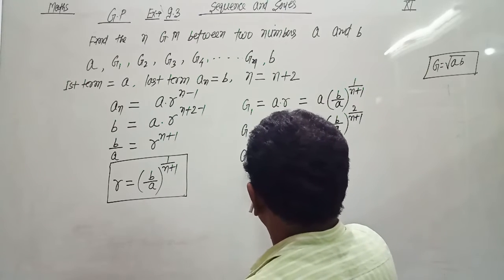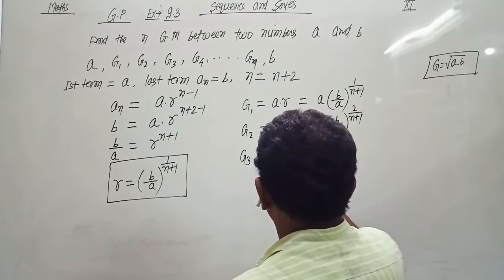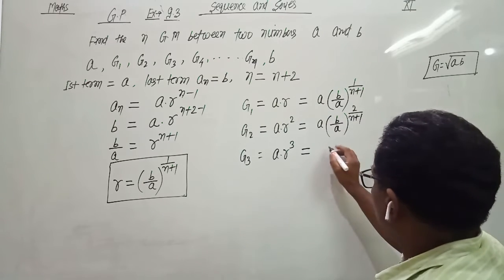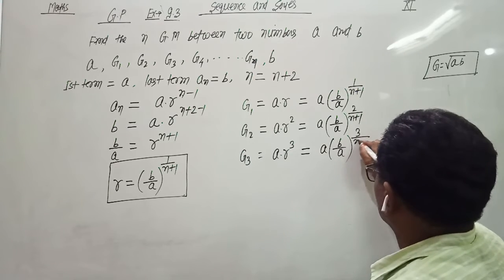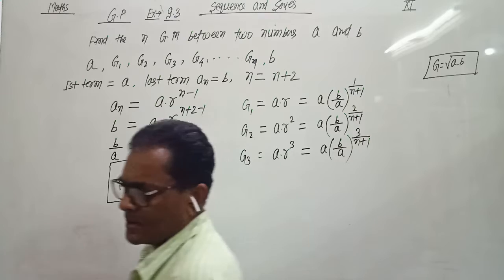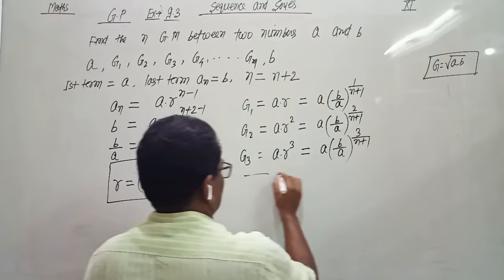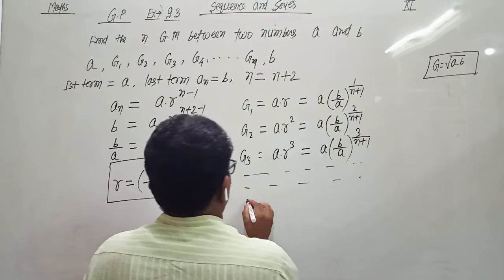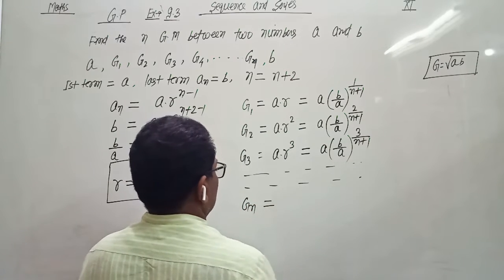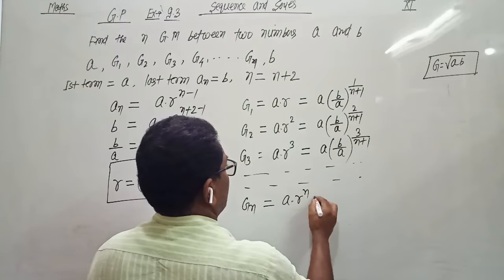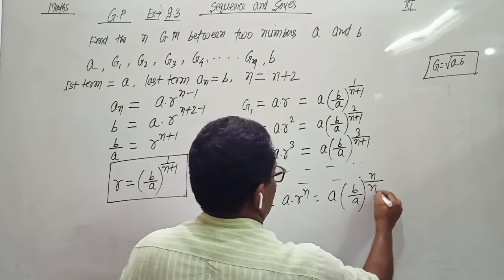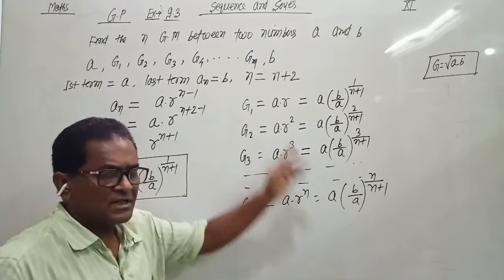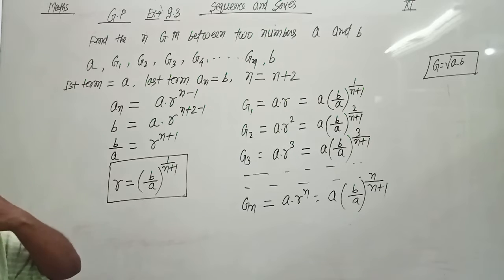Similarly, the third geometric mean is A into R to the power 3, which is A into B by A raised to the power 3 by n plus 1. And the nth geometric mean is A into R raised to the power n, so A into B by A raised to the power n upon n plus 1. So these are the formulas to find the n geometric means between two numbers A and B.